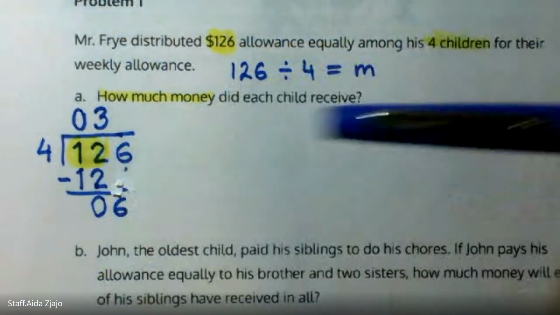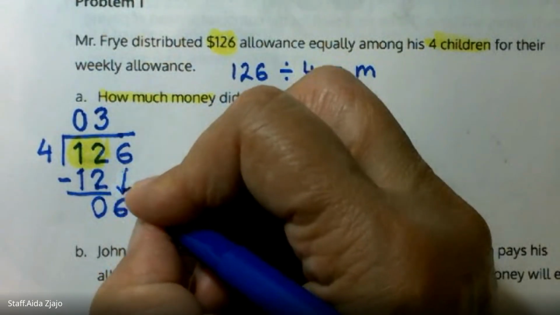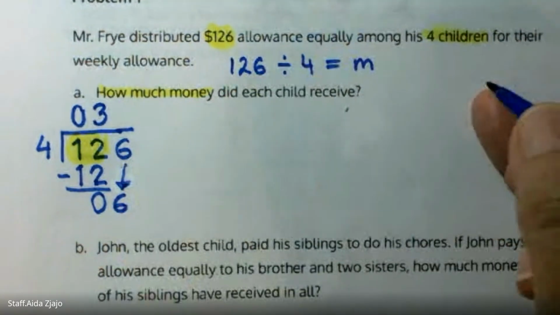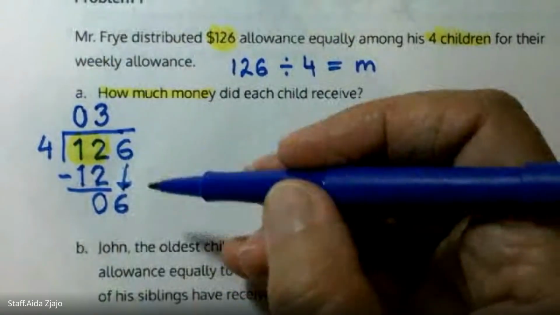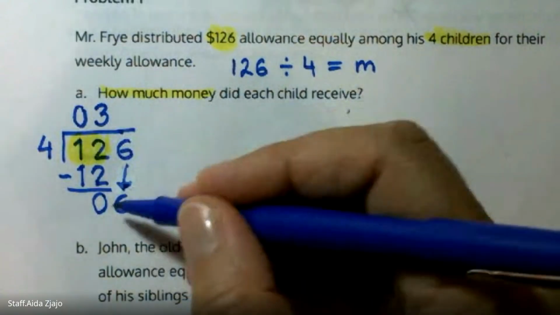I like to use an arrow down. It tells you that no matter, even if I bring down the 0, I still have to work out how many groups he can share.